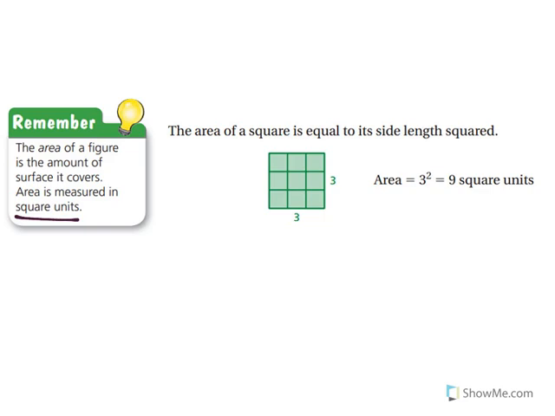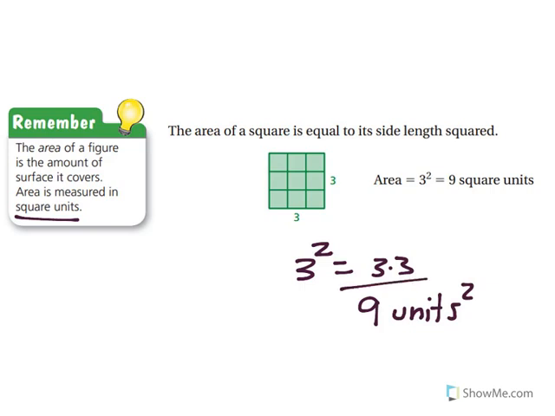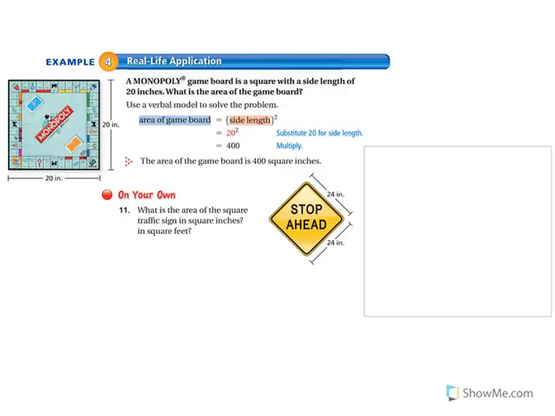So if you know one side of a square, you can just square it and find out what the area is. So if I know one side is 3, I can square it, and that's 3 times 3, which is 9. So the area would be 9 square units, or 9 units squared. I don't care if you write it this way or if you write it this way. They both work.